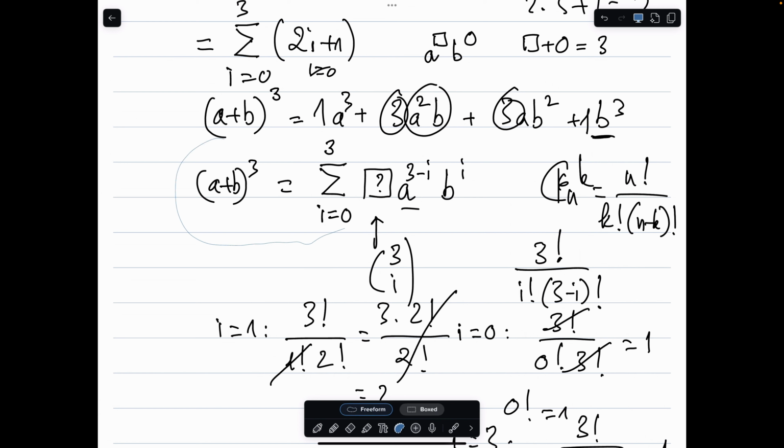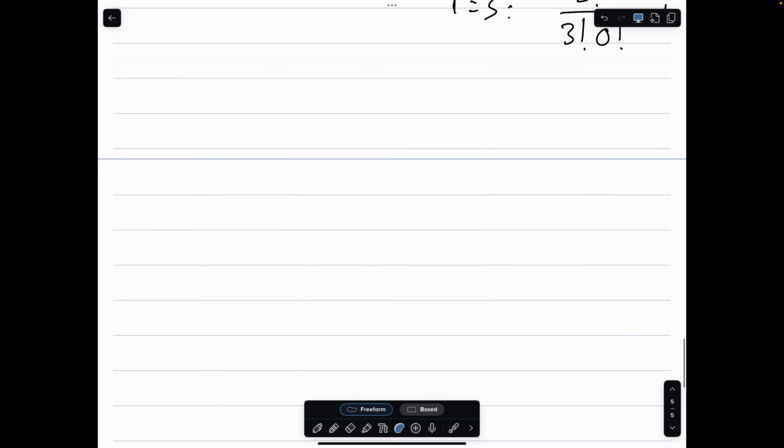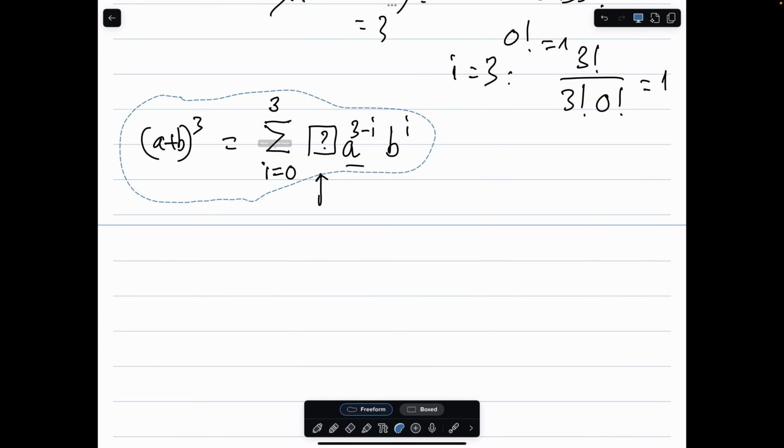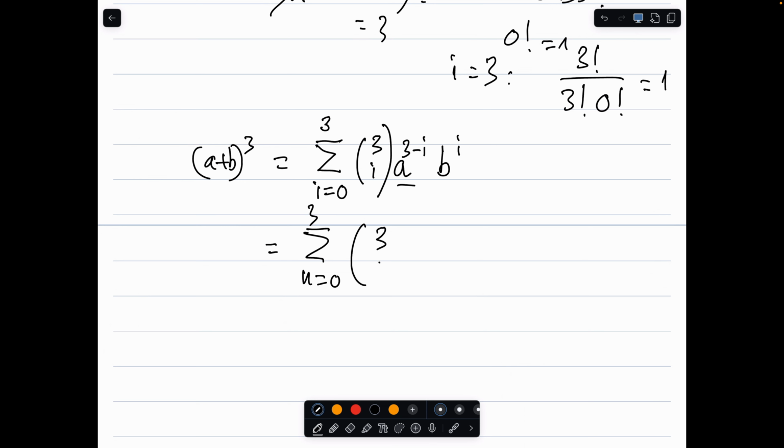So now I will rewrite this. Copy this, paste, and I erase this one because now we know the secret. It is C(3,i). Other people don't write i, they write n from 0 to 3, C(3,n) a^(3-n) b^n. It's up to them.